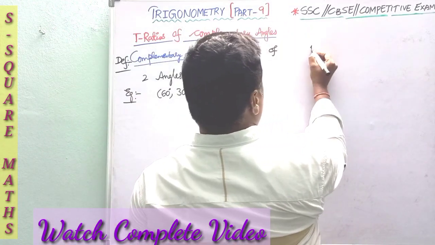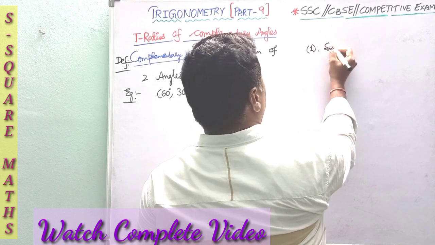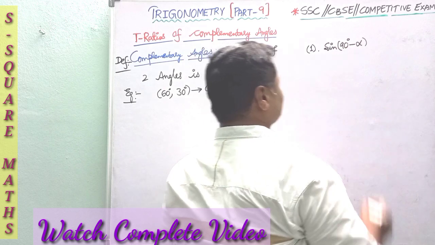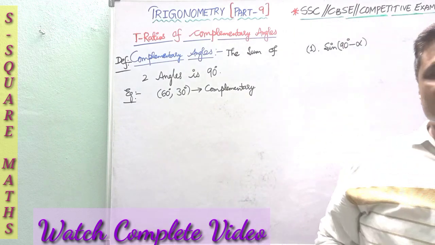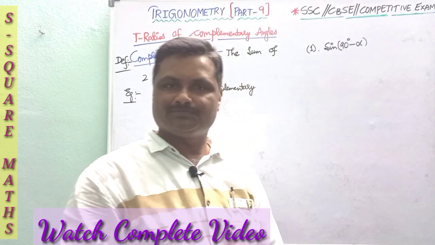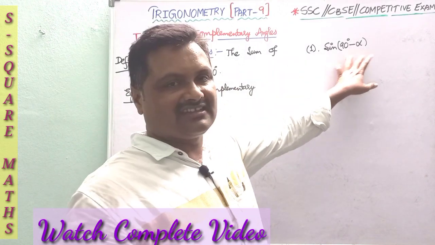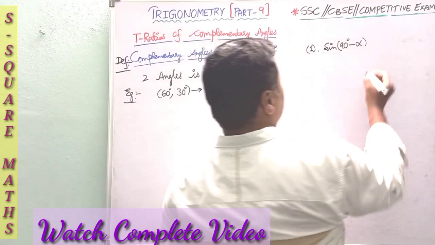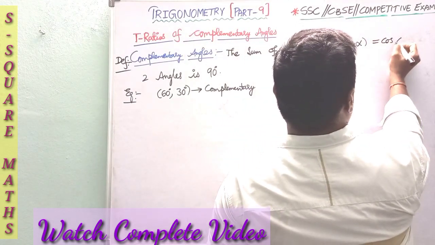So the first one is sine of 90 minus alpha. Okay. So if alpha is my angle, then 90 minus alpha is nothing but the complement of alpha. So sine of 90 minus alpha is nothing but cos alpha.